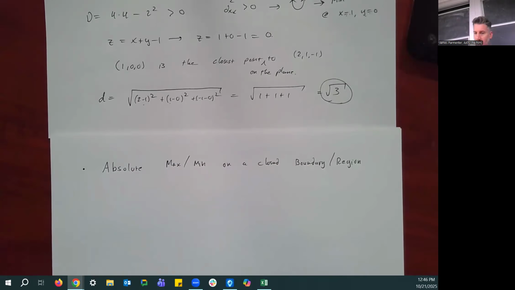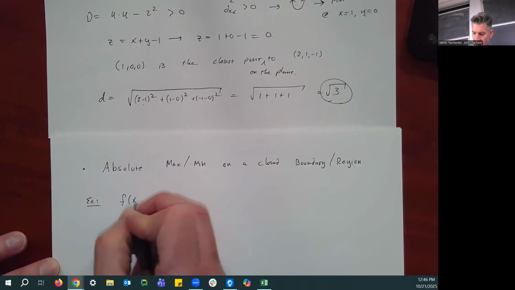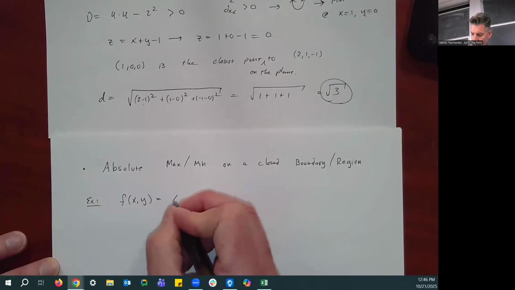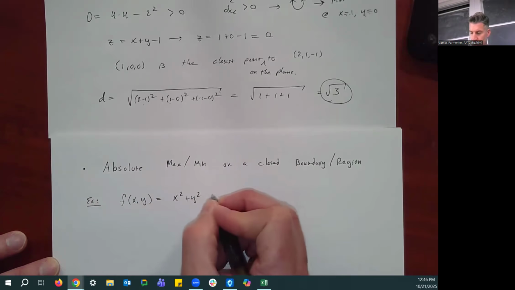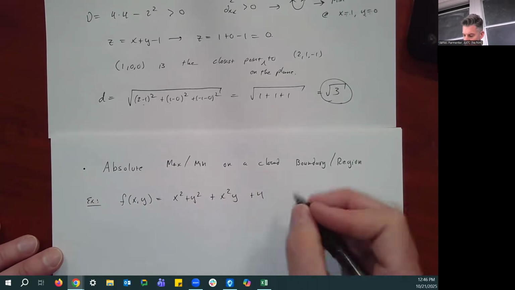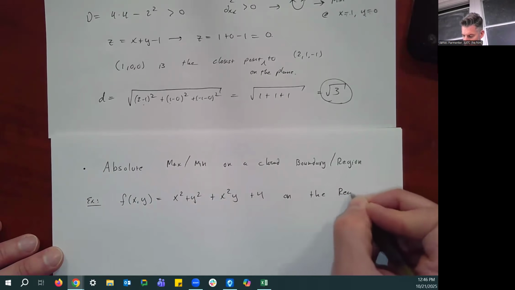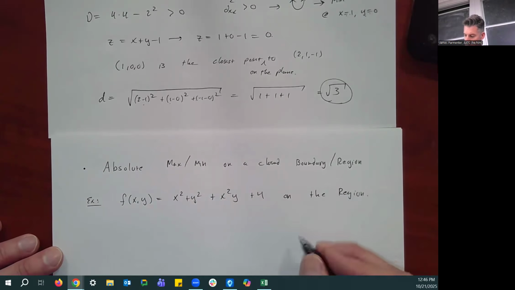So let's look at this example. We have the function f of x, y equal to x squared plus y squared plus x squared times y plus 4. And we're looking on the region where there's a lot of ways to say this.